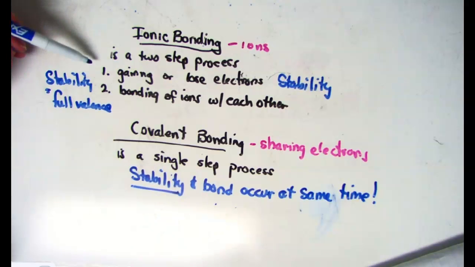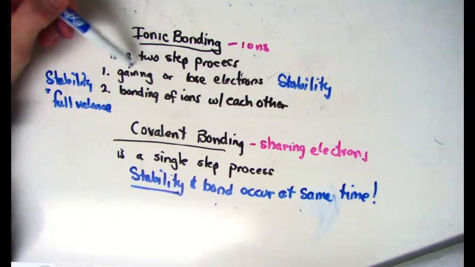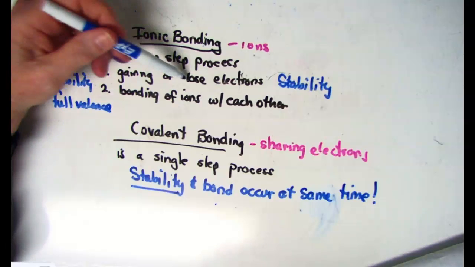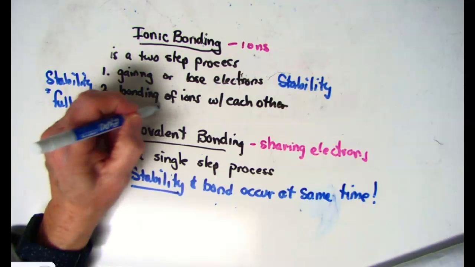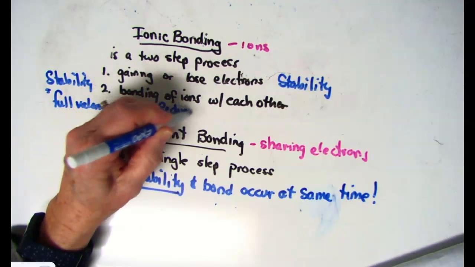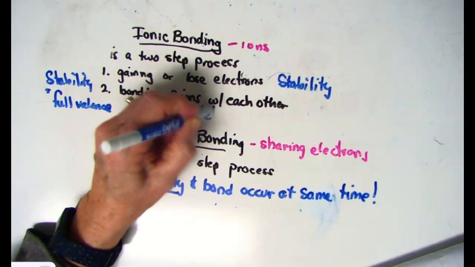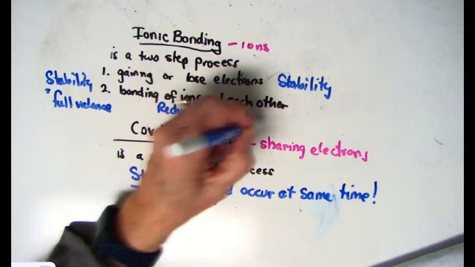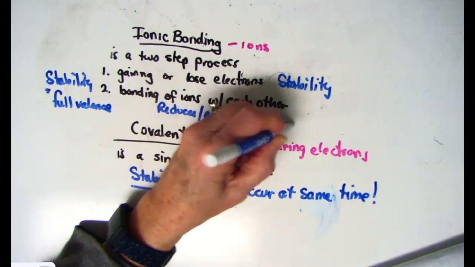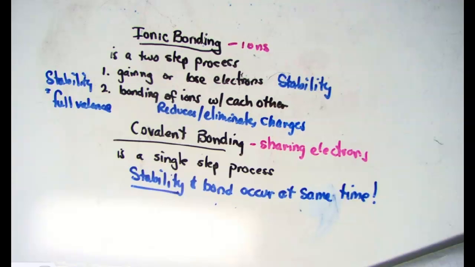In ionic bonding, stability occurs when elements gain or lose electrons. Bonding of ions with each other reduces, eliminates charges. Ionic bonding does not stabilize atoms. What it does is it takes the charges away.